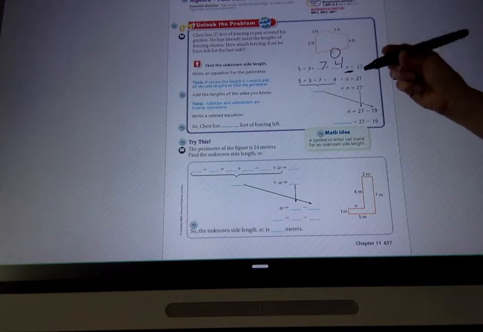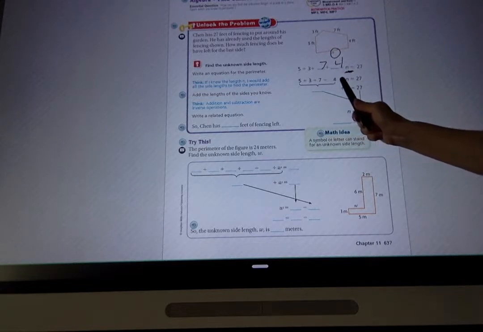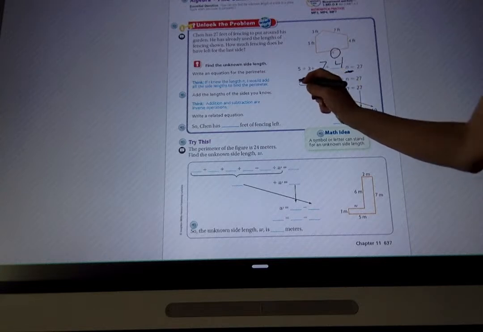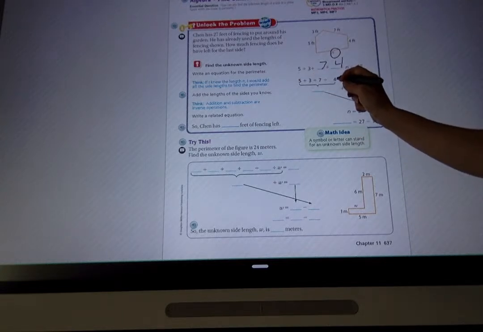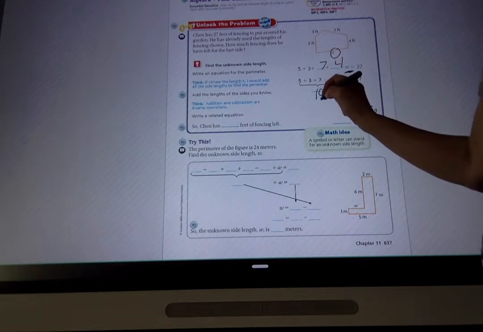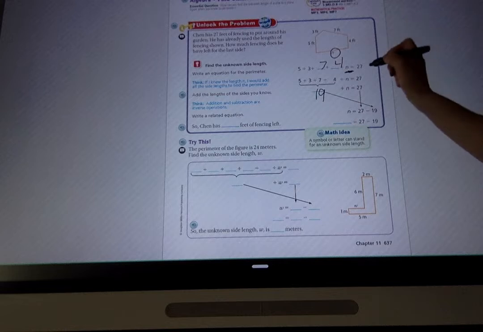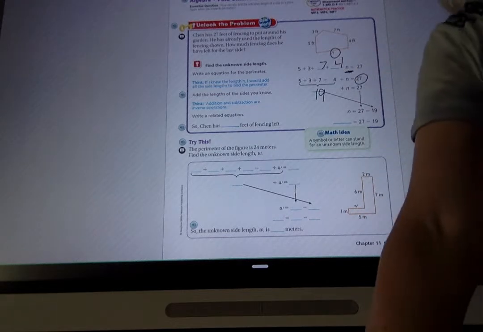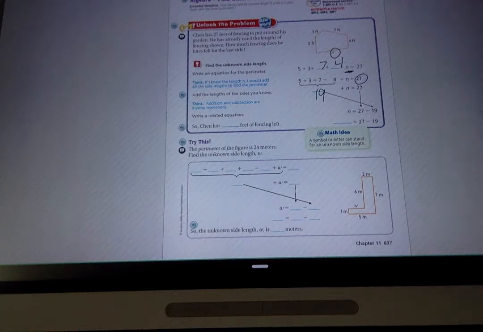Well, I can add these together, and I know 3 plus 7 is 10, plus 5 is 15, 16, 17, 18, 19. I get 19. But I need to get 27. So how do I get from 19 to 27?